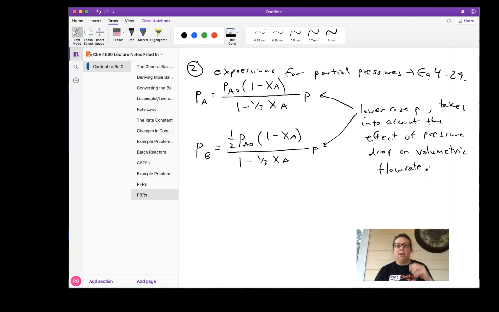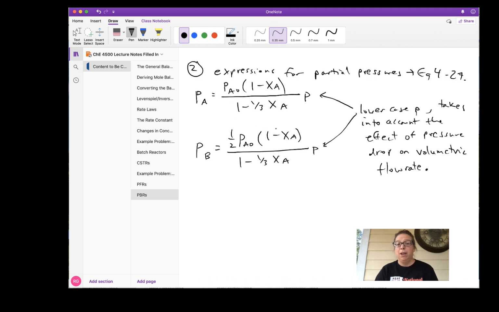And you will see, all of these equations that we've listed that account for changes in volumetric flow rate, this pressure term is included in all of them. So you need to include this term if you have pressure drop, even if you don't have a change in moles accounting for a change in volumetric flow rate.